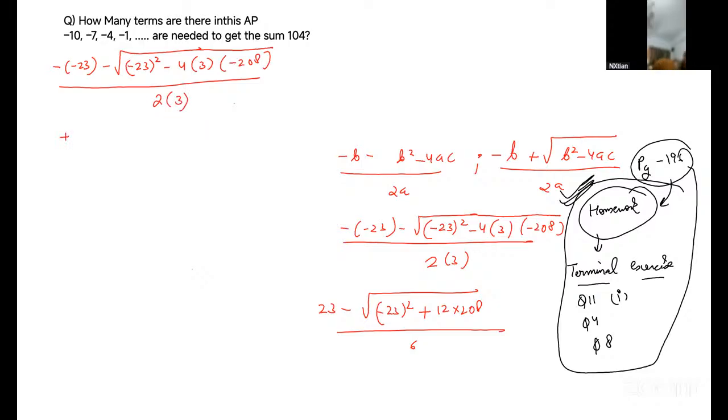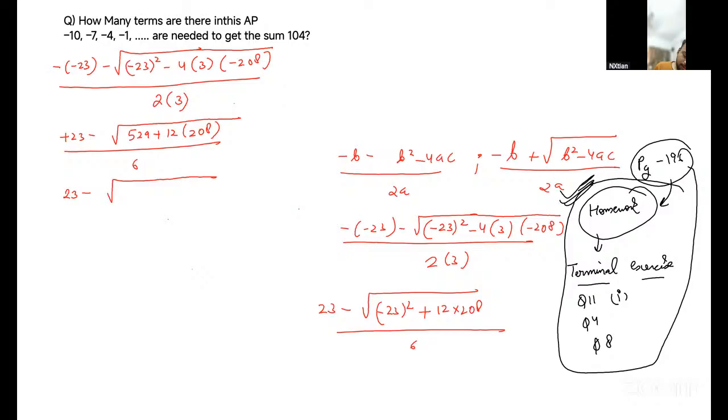It becomes plus 23 minus root of 23 square. What is 23 square? 529. So 529 plus 12 into 208 upon 6. So 23 minus.